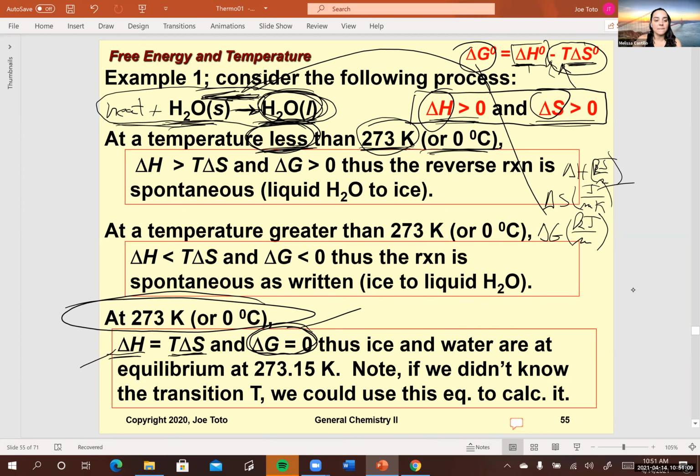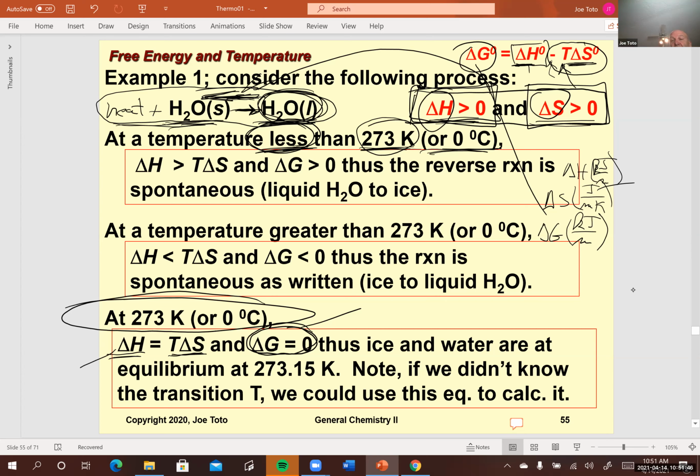Yes. Okay, see how we're playing around with these signs, but we're playing around with them by looking at a specific example of ice melting to liquid water and the signs of delta G, that it's dictated by the signs of delta H and delta S, because in this process, we know that it's temperature dependent because both of them are positive.